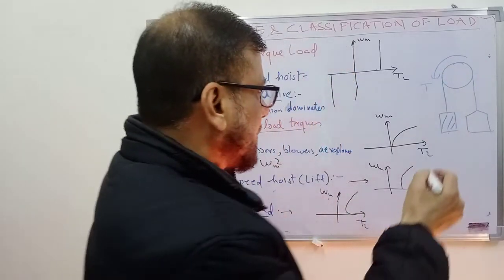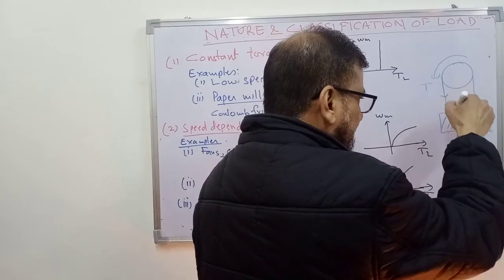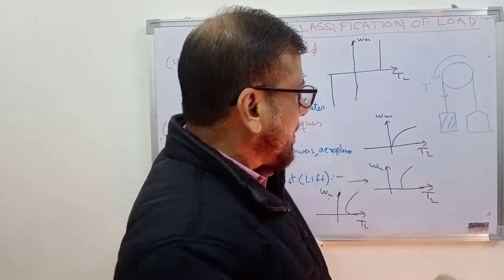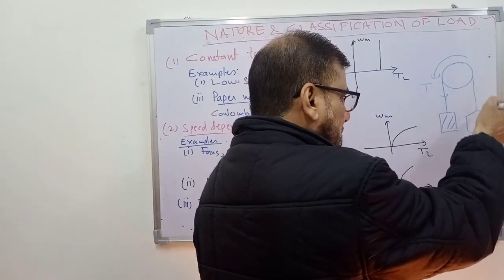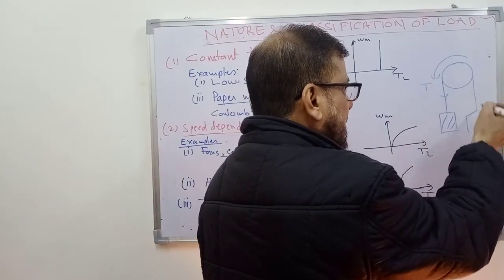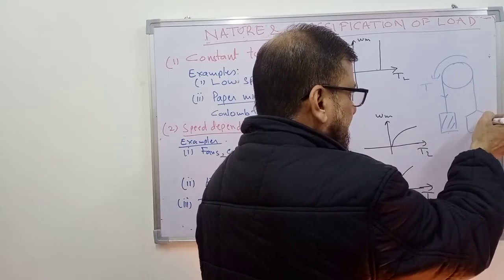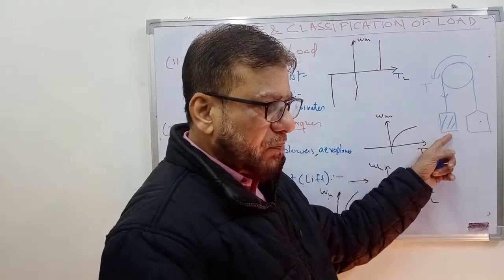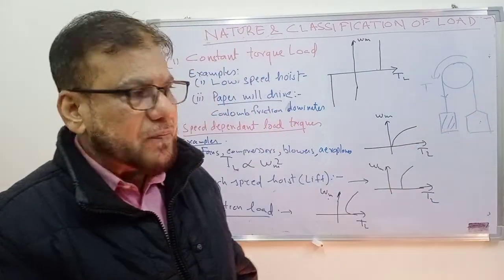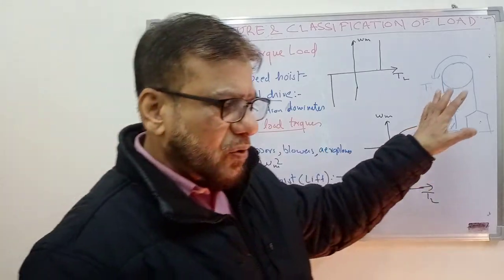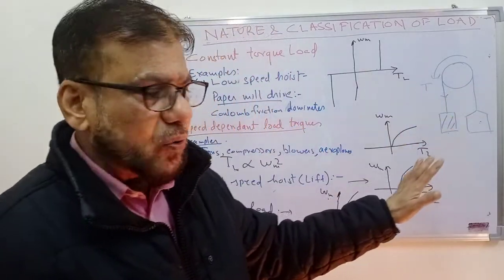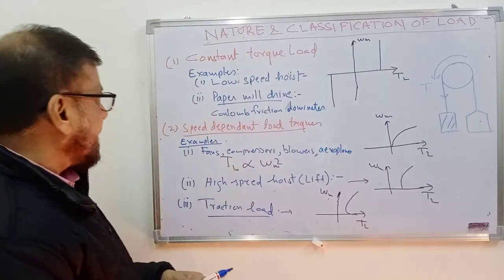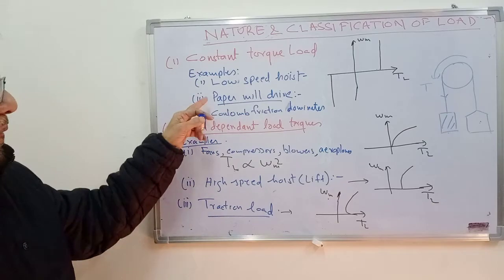This is the torque produced by the counterweight, this weight multiplied by R, minus the torque produced by the cage, that is the weight of the cage multiplied by the radius. And the weight depends on mass and acceleration due to gravity. So here the torque is a constant torque load. It does not depend on speed. So one example of a constant torque load is a low speed hoist.